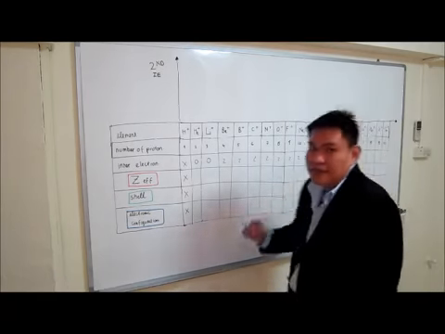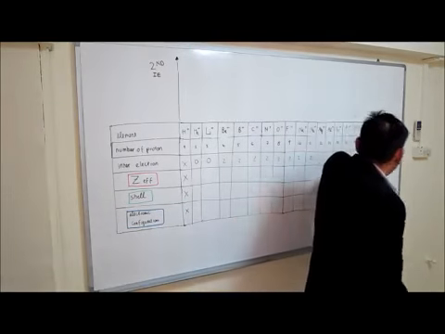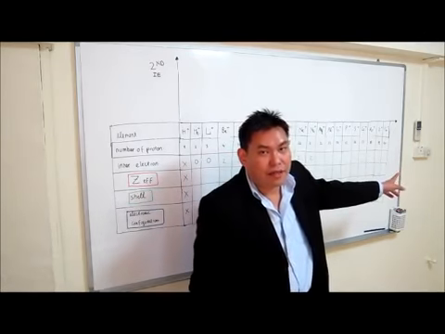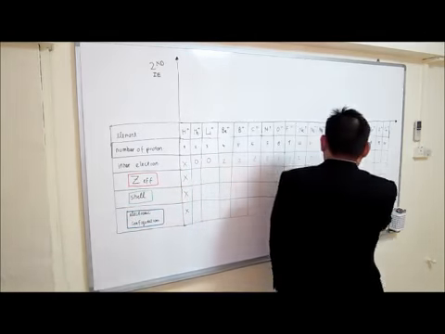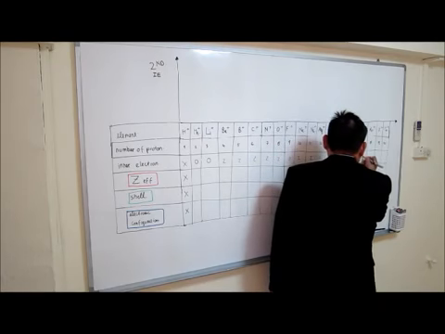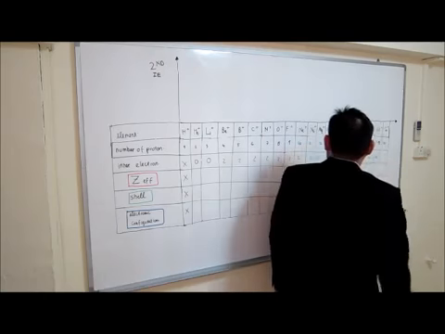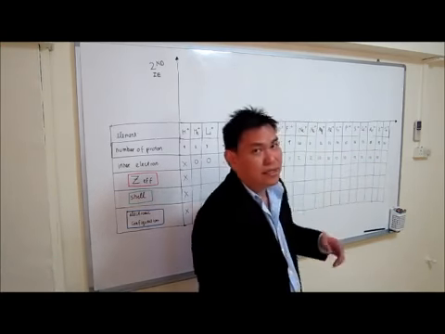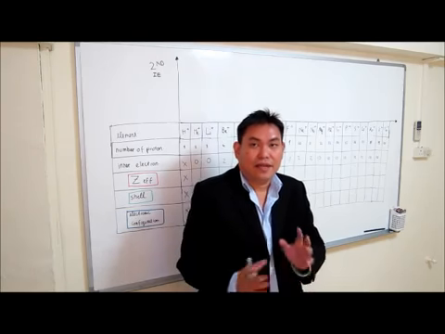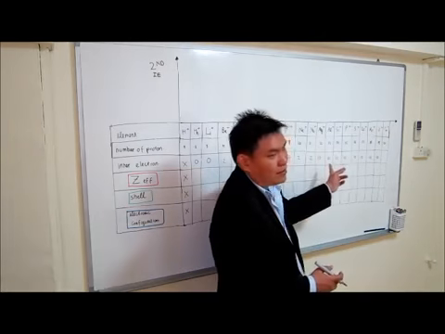From Mg+ all the way until K+, they will have 10 inner electron. In the case of Mg+, it has 11 electron, 10 on the first and second shell, and 1 on the third shell.